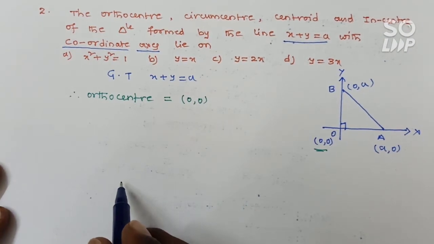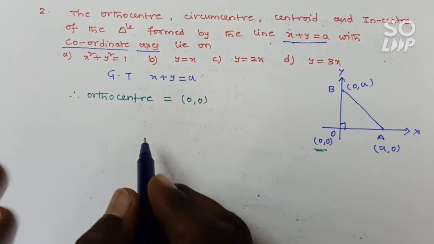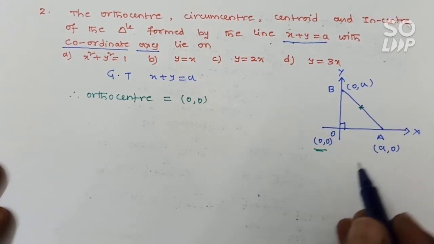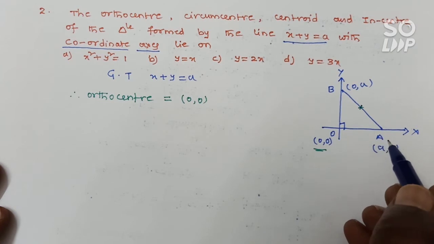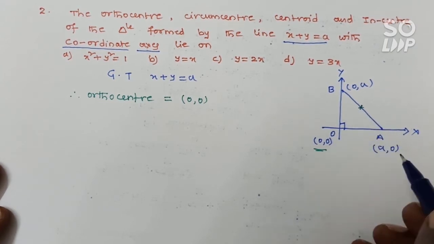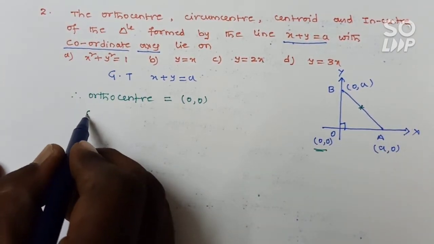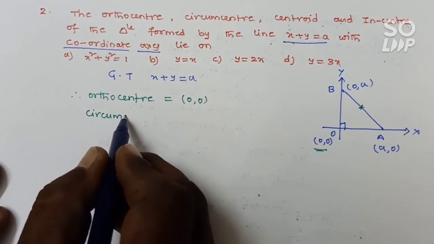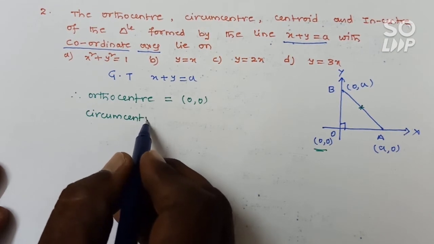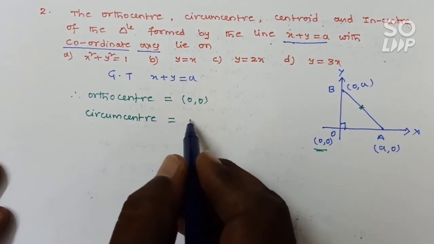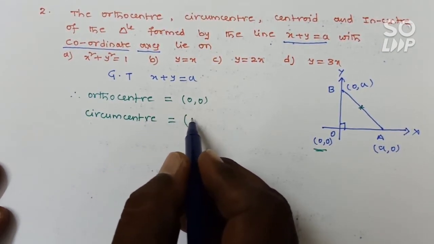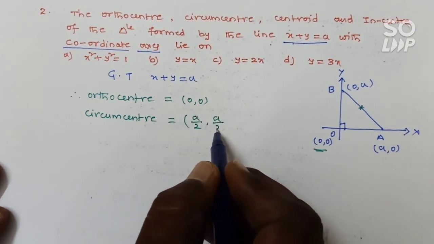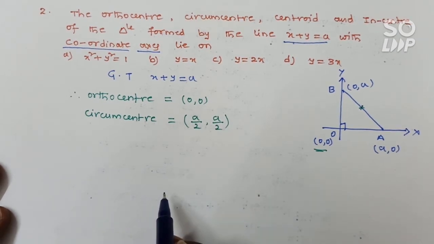And next you have to find the circumcenter. Circumcenter in a right angle triangle is the midpoint of the hypotenuse. Here the hypotenuse is AB. So therefore circumcenter is equal to the midpoint of AB, that is a by 2 comma a by 2.